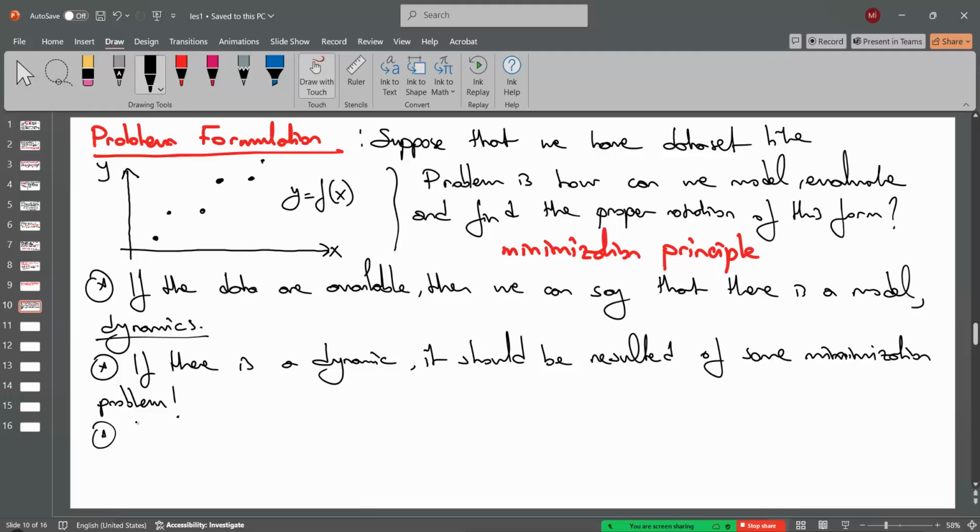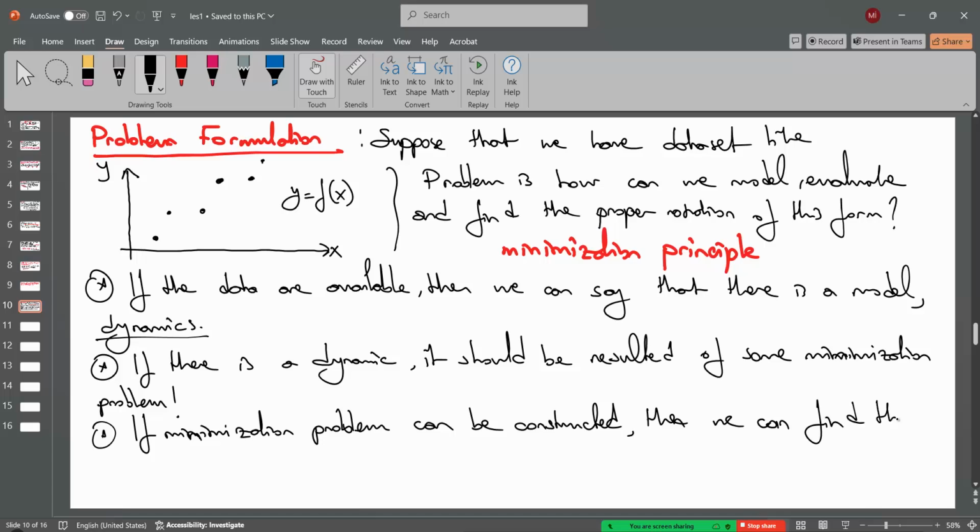And so in the third case, if a minimization problem can be constructed, then we can find the model, or even learn from any data, right? We can find the model or even learn the data.